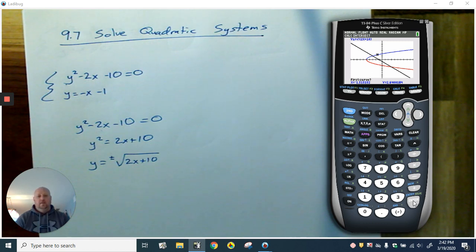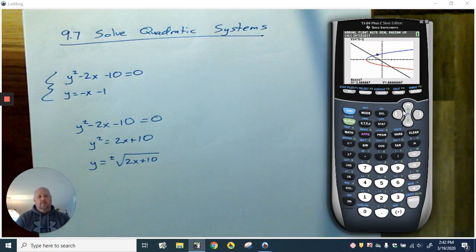Press enter, and then it asks what the second curve is that you're trying to find the intersection point of. The second one would be the black one, the line. And again, you can put the cursor anywhere along that line. It does not matter where you're at. Then it's going to ask you to guess.